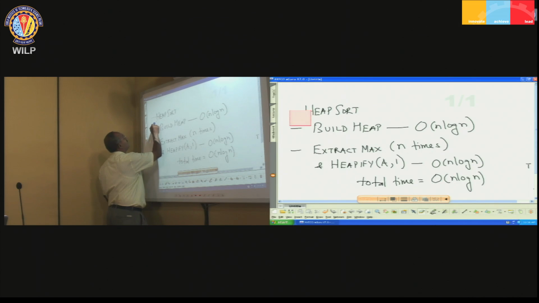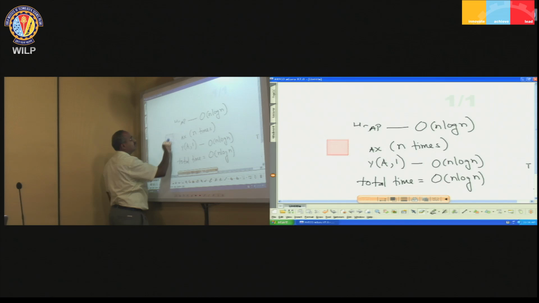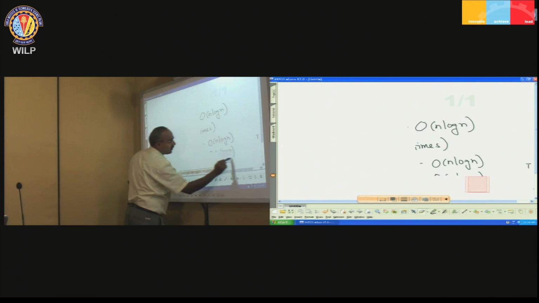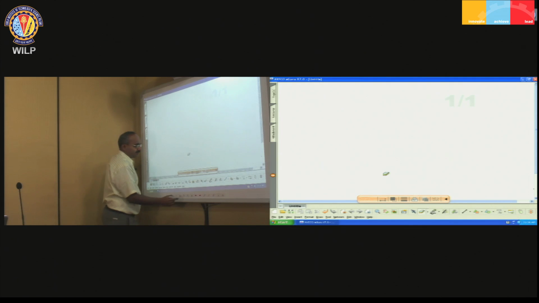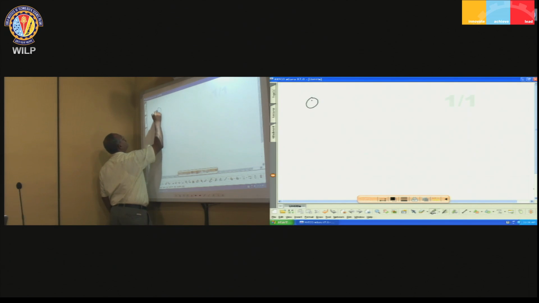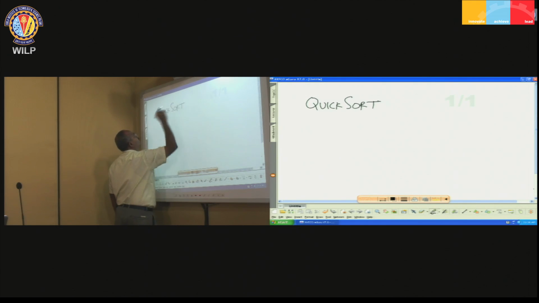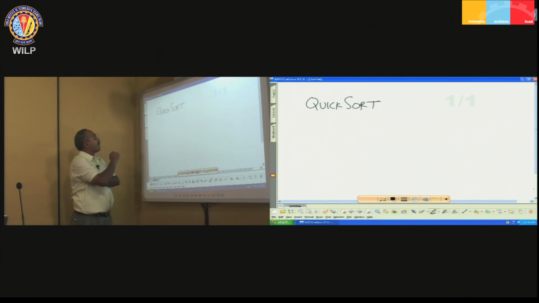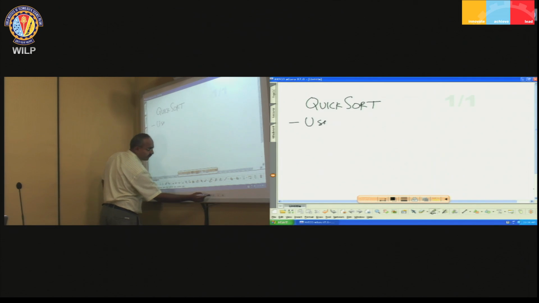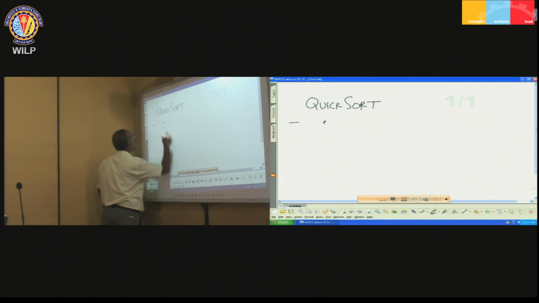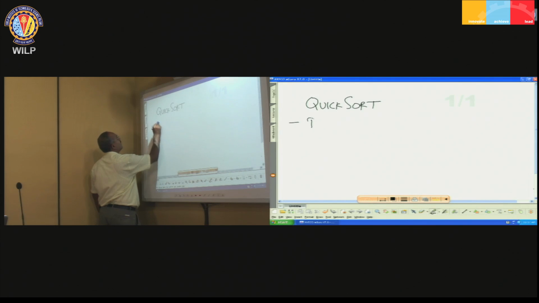Another popular sorting procedure that is used is quick sort. Like merge sort, the quick sort algorithm is based on the divide and conquer strategy.